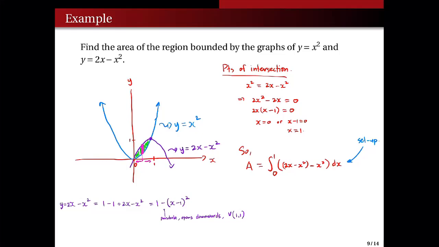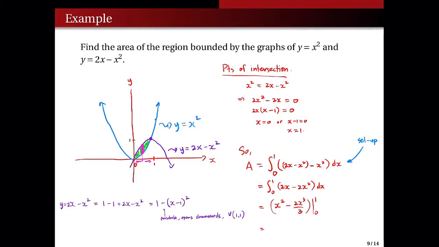So we have the definite integral from 0 to 1 of 2x minus 2x squared dx. This gives x squared minus 2x cubed over 3, evaluated from 0 to 1.